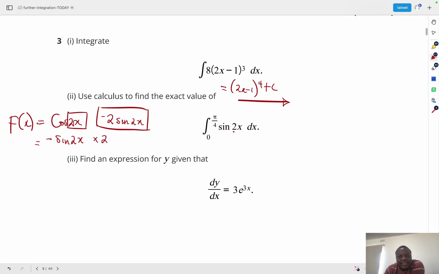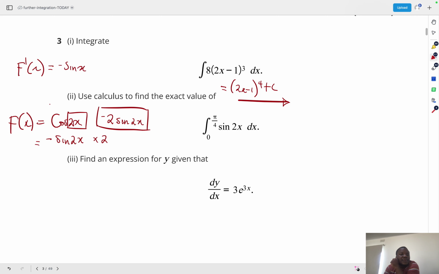Now in this case, what would give us negative sine, when we differentiate, is not cos but negative cos, since f prime of x for cos x is negative sin x.